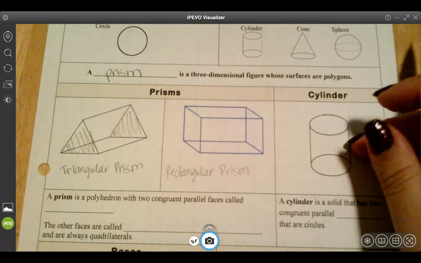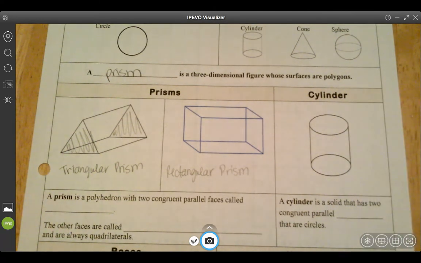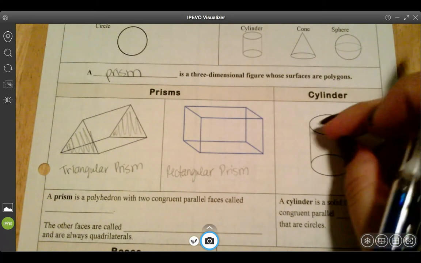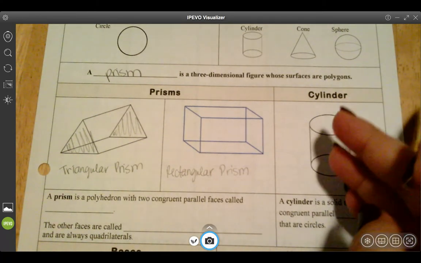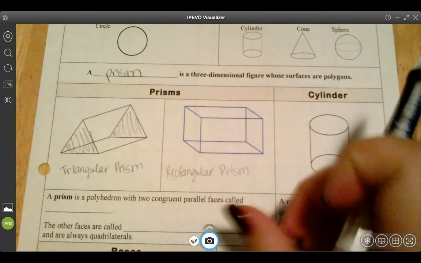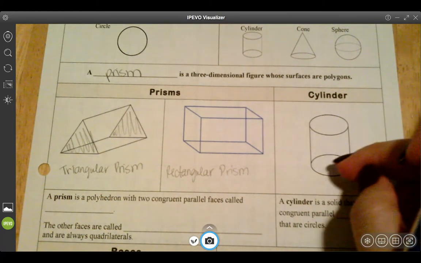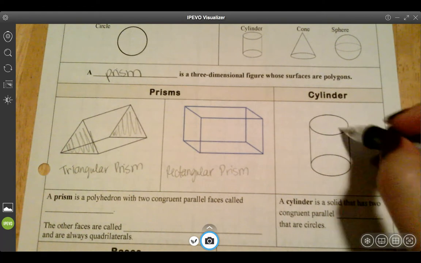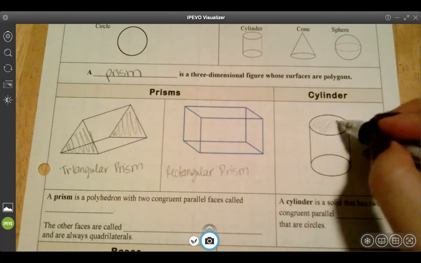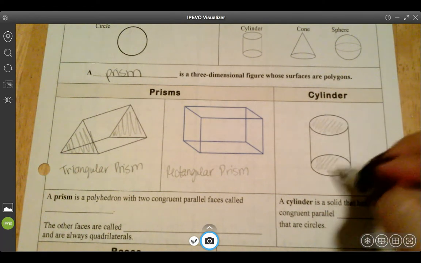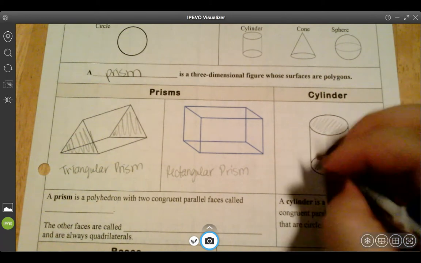And then we have a cylinder, which is a little bit special because it's harder to see the rectangular side, but really if we were to cut this cylinder down the side and open it up, as we saw in the activity this morning, that wrapping around shape is a rectangle. And so a circular prism, where we have the bases as circles, is called a cylinder.